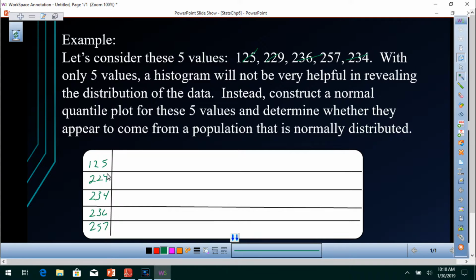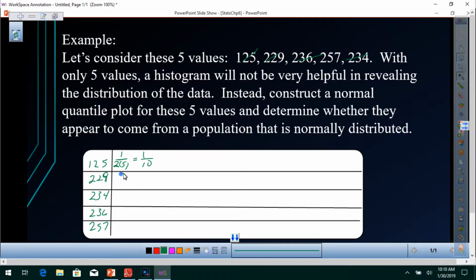And that's 229 there. All right, so that's our first. Then we've got 1, 2, 3, 4, 5. 1 over 2 times 5, so that's going to be 1/10.